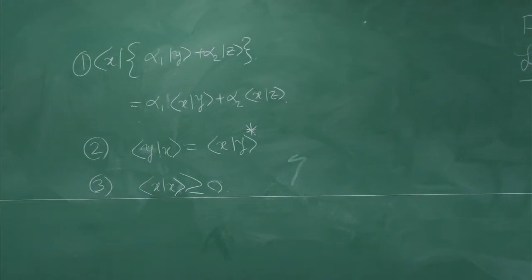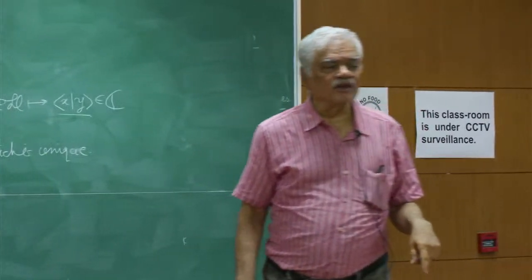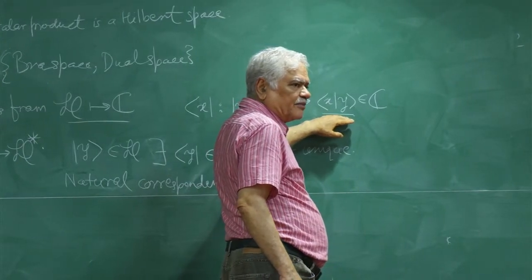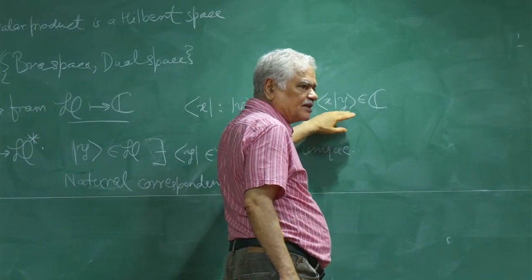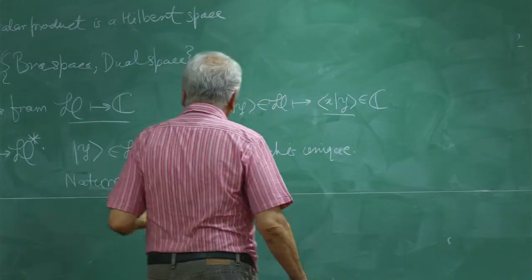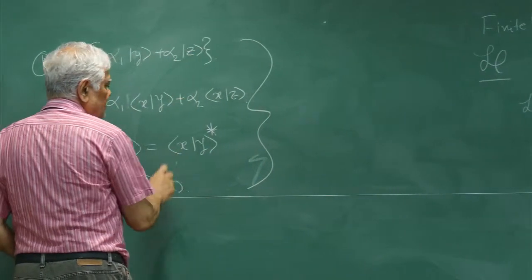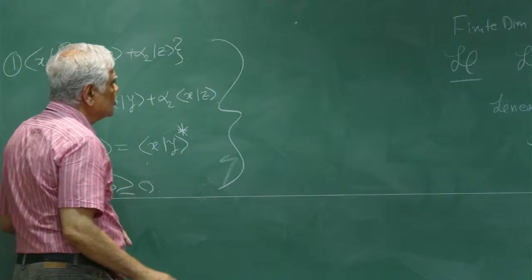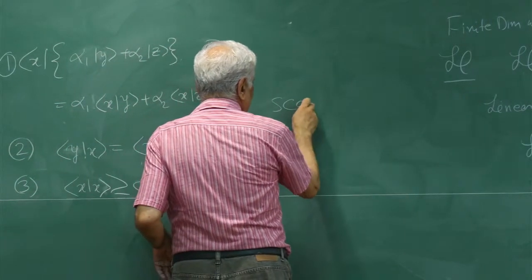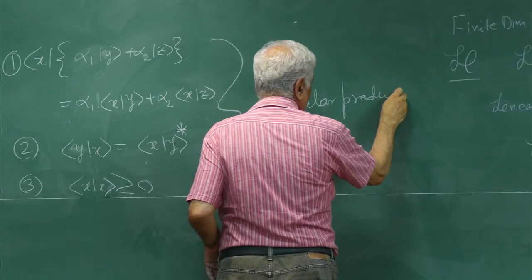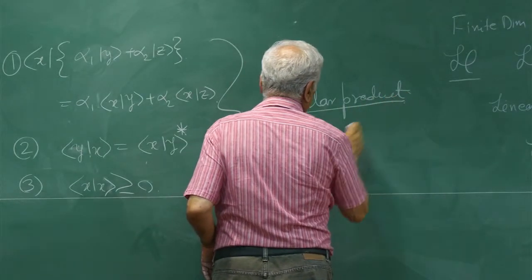This is a scalar product. If this map produces this number and the number has these three properties, then it is called a scalar product of x and y.